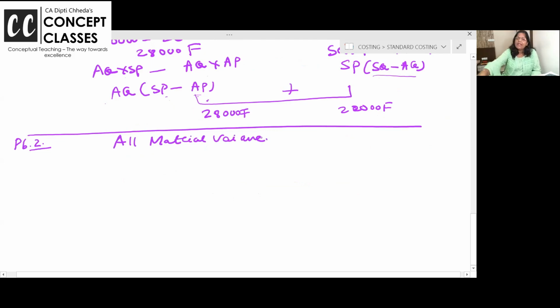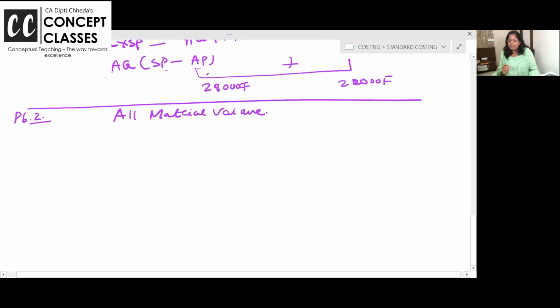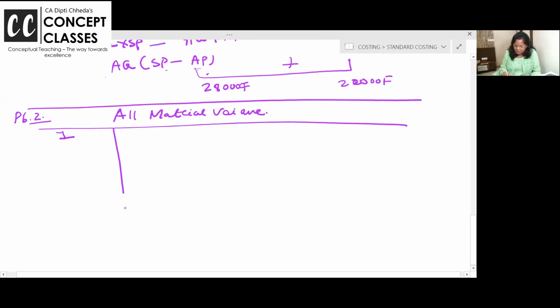All material variances. Yes. And 4 columns you have to make. This time we don't have to calculate anything, we can directly make them. First column: there is no total or grand total here.